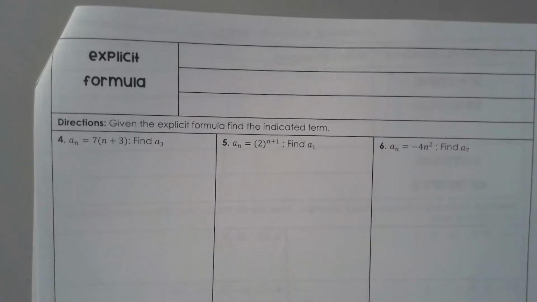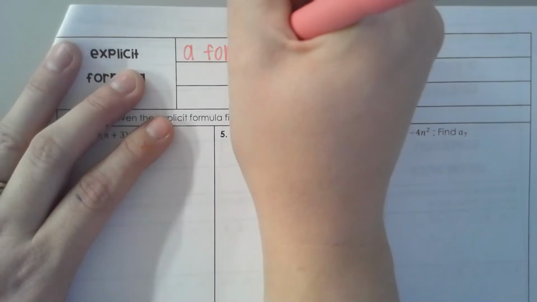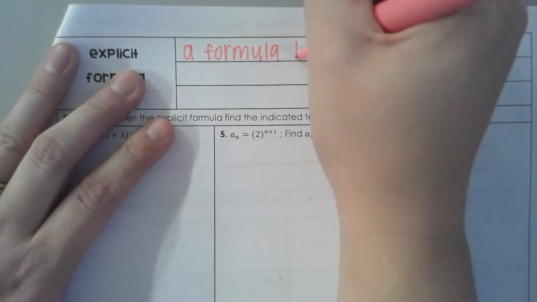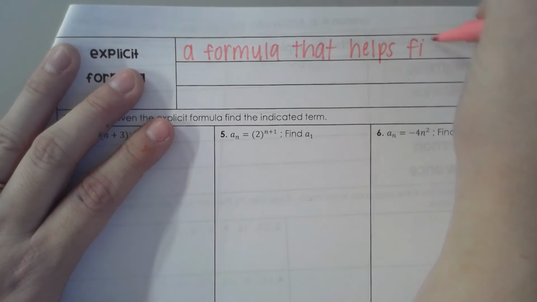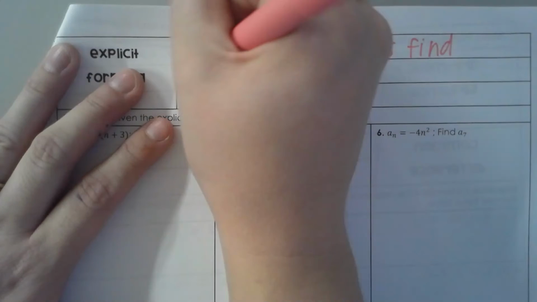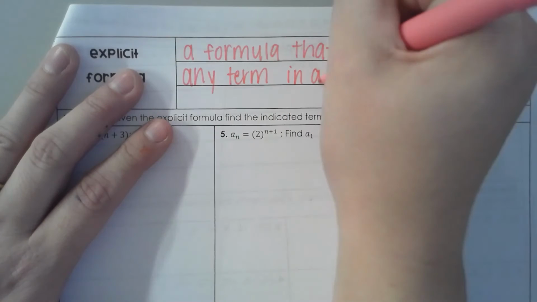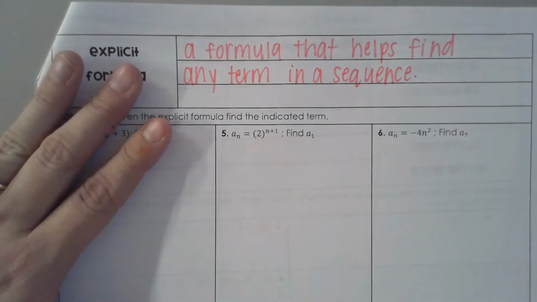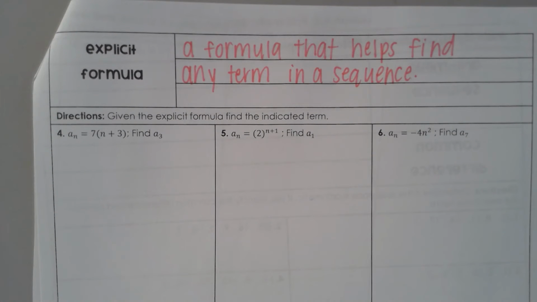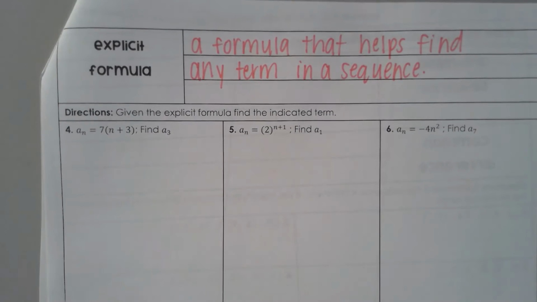And so an explicit formula is a formula that helps find any term in a sequence. For these examples, I'm not going to require you to come up with the formula yourself. I'm just giving you the formula and showing you how we're going to find a term.